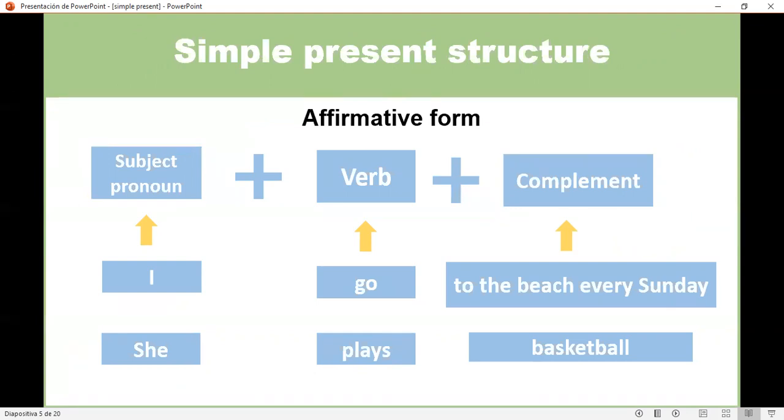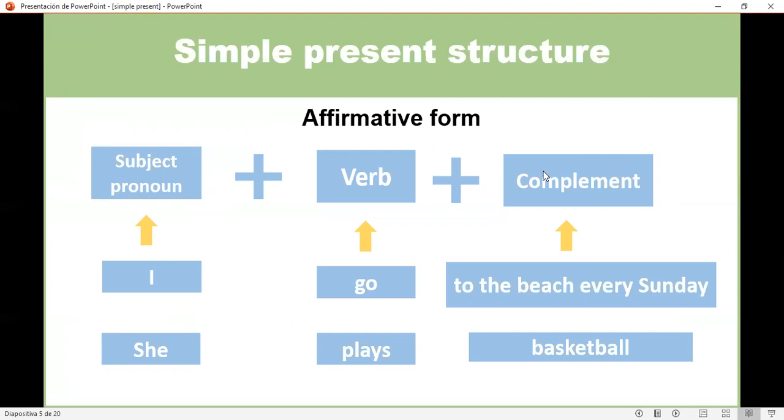Look at this. We have the structure. We have the subject pronouns I, you, he, she, it, we, and they. Those are the subject pronouns, el sujeto. We use the verb in present: go, eat, play, watch, see, talk, listen, verbs.